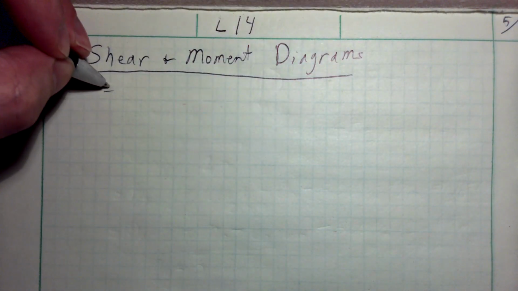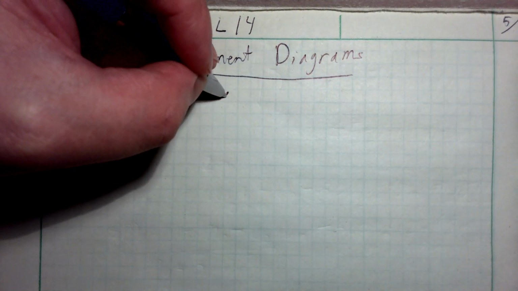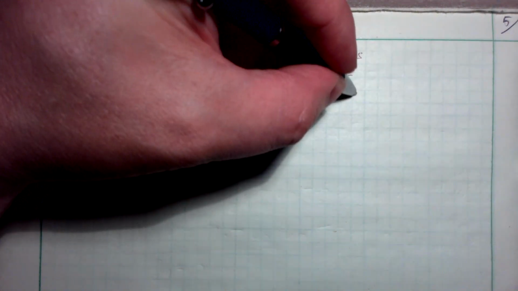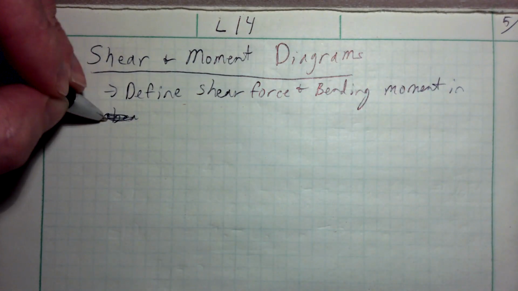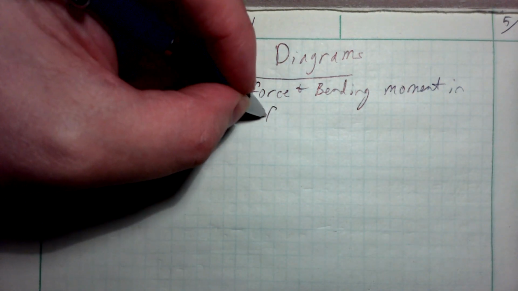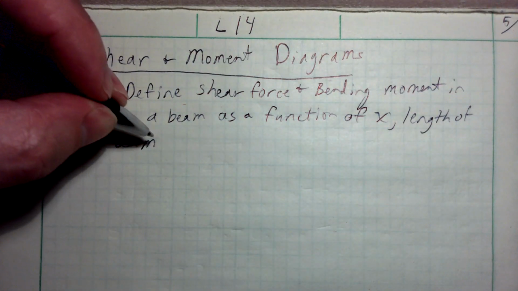What these do is define the shear force and bending moment in a beam as a function of x, x being the length of the beam.